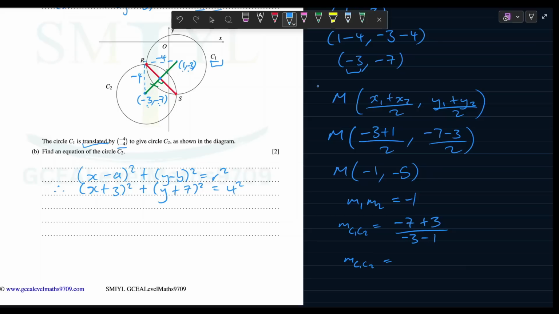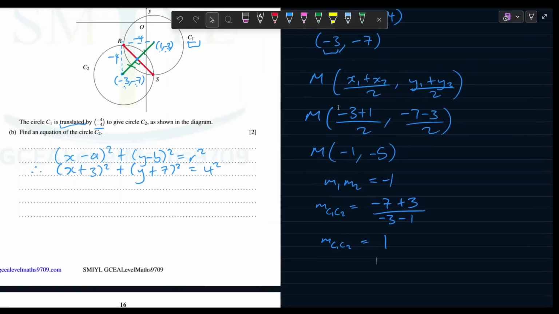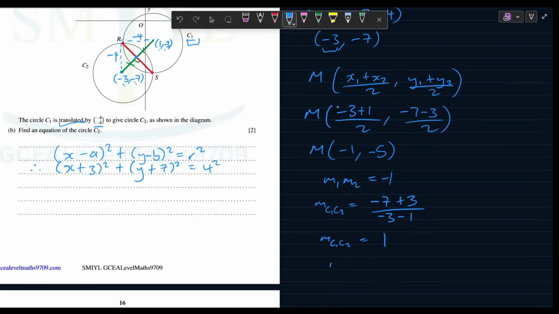This is (-7 + 3) over (-3 - 1), which gives us 1. And so our gradient of RS is going to be the negative reciprocal of 1, which is just -1. So we've used this formula here, and we found that our gradient of RS is -1.